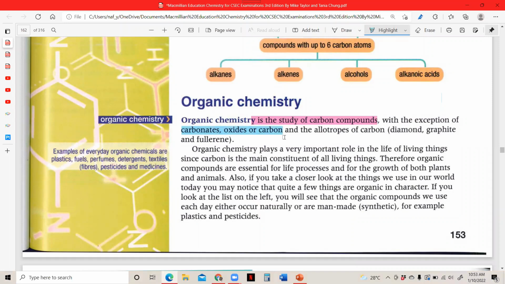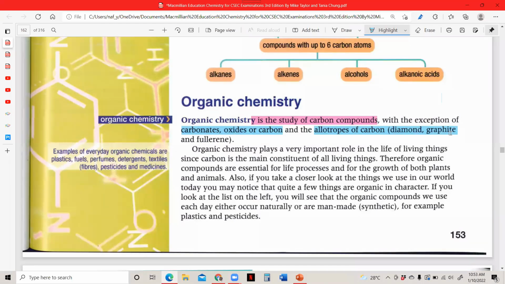So your sodium carbonate, sodium hydrogen carbonate, carbon dioxide, carbon monoxide, these things are not considered organic. The allotropes of carbon, diamond and graphite that we learned about earlier, are also not considered organic.